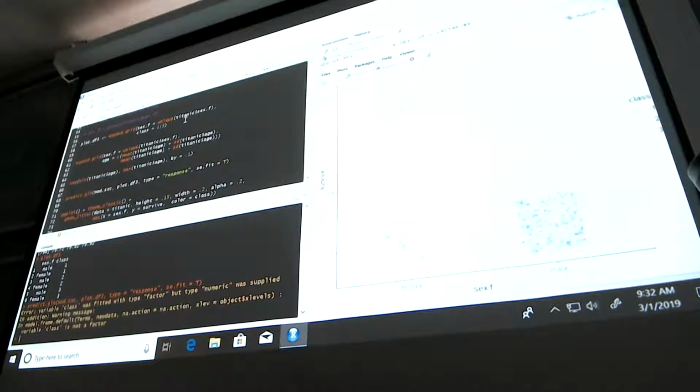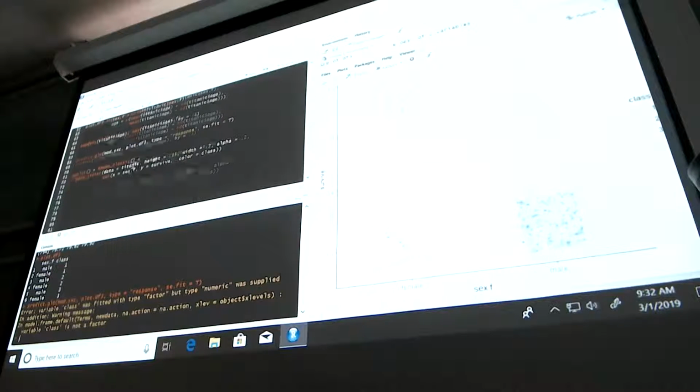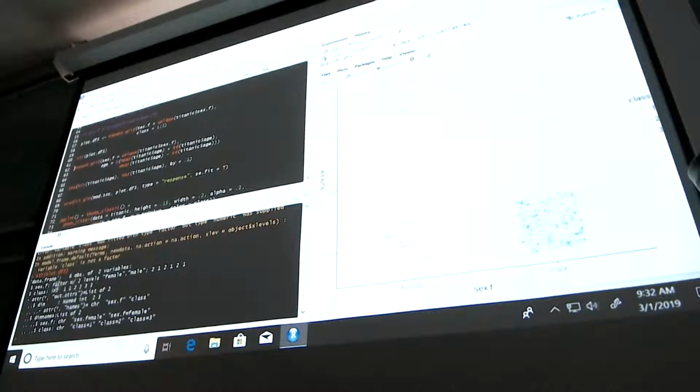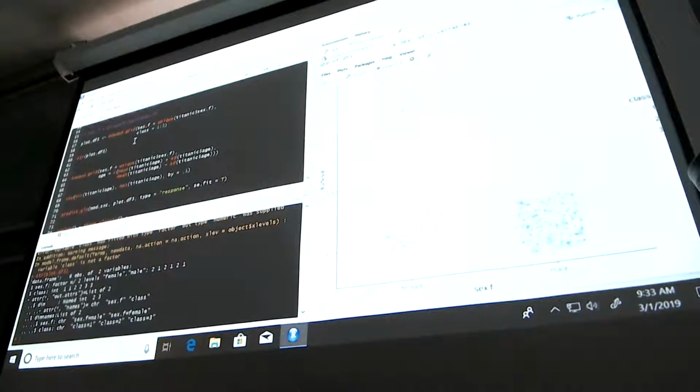What I need to do is down here, I have plot DF3. If I look at the structure of plot DF3, sex is a factor, class is an integer. Class is not a factor, but it should be a factor because it's a factor in the model.